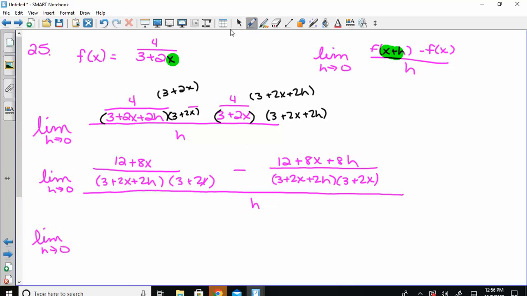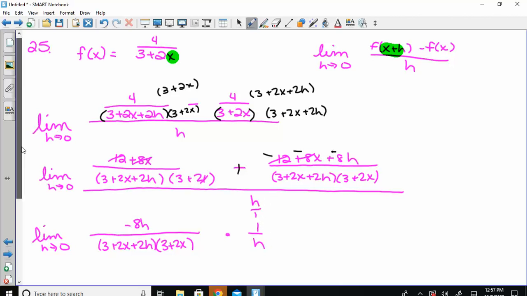So now on the top, these denominators are the same. So I can distribute this negative and put those fractions together. So if I combine them, the 12s drop, 8x's drop. So we get negative 8h over the denominator. I'm also going to write this divided by h. That's like an h over 1, so you can flip and multiply by 1 over h.